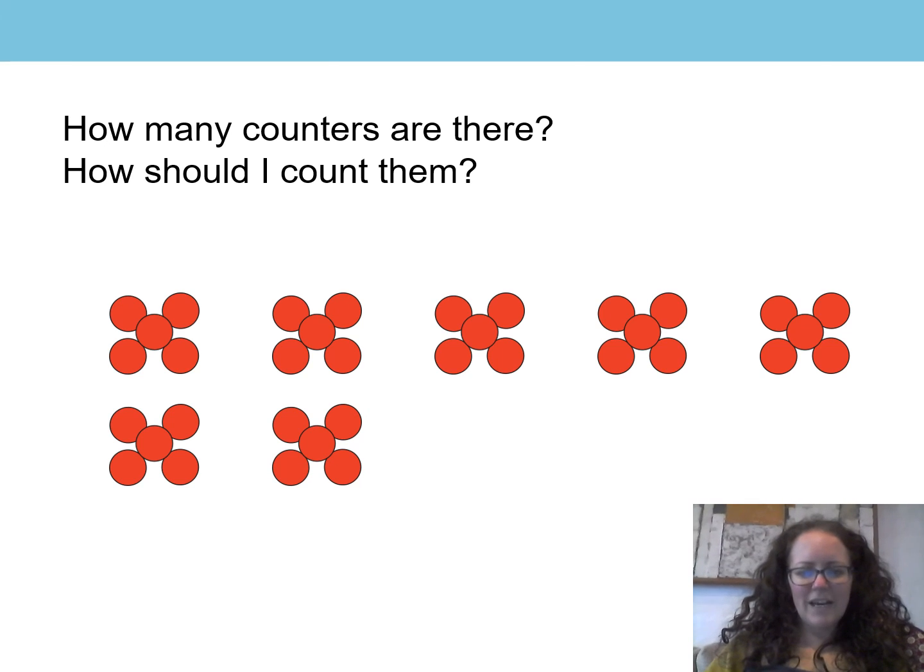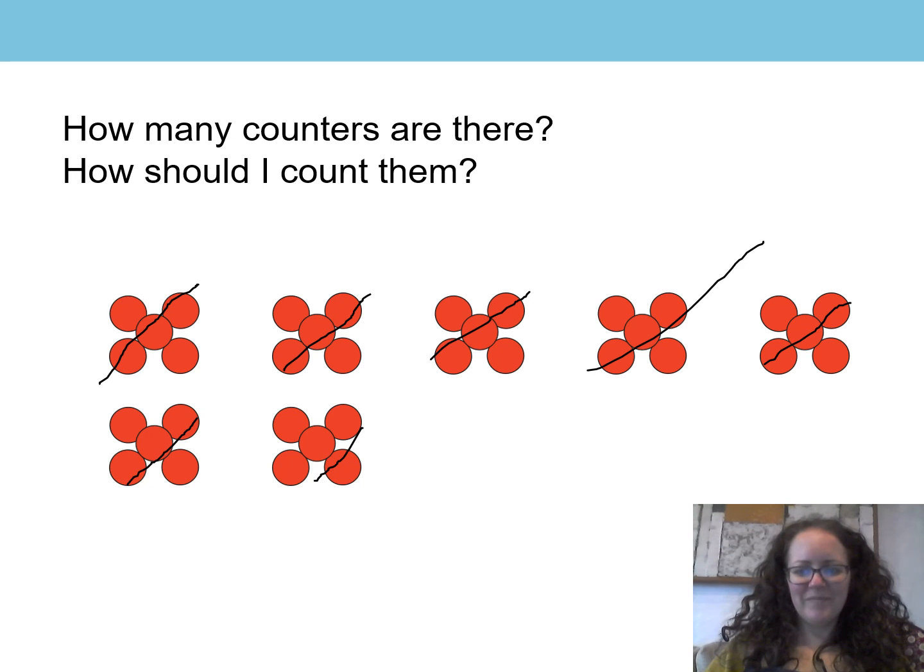Right. How many are there altogether? Use your counting in 5 skills. Pause the video, write down an answer and then come back. Shall we do it together? Are you ready? 5, 10, 15, 20, 25, 30, 35. Is that what you got?